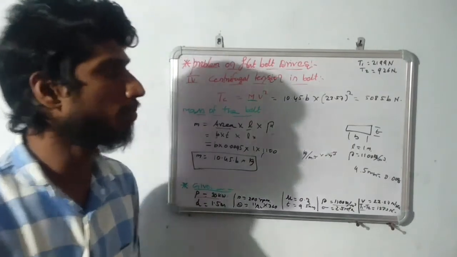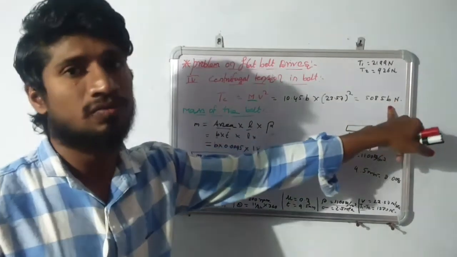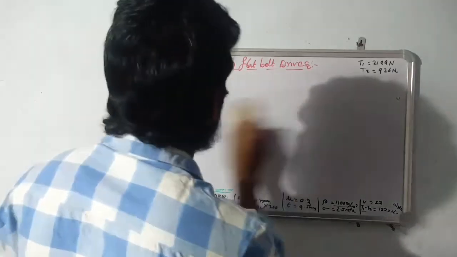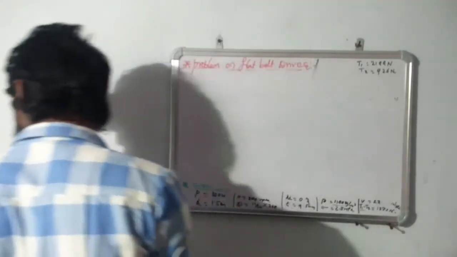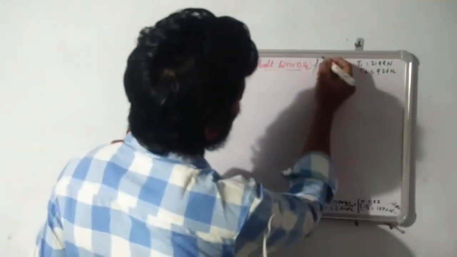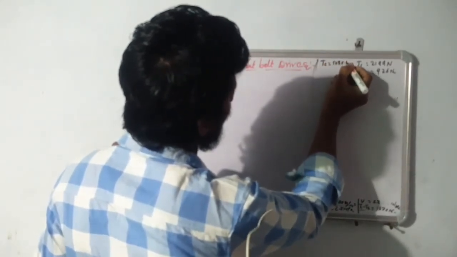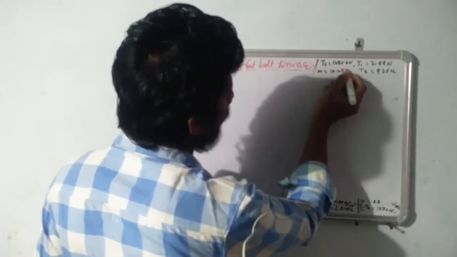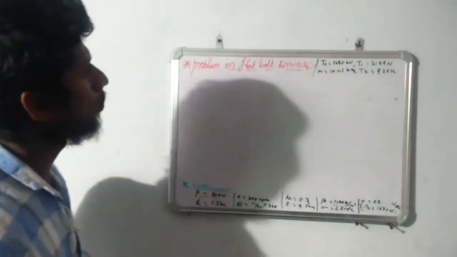So go to the next step to evaluate the width of the belt. Write down the values found here: the centrifugal tension is 5085 B newtons, and the mass of the belt is 10.45 B. Okay, go to the next step.